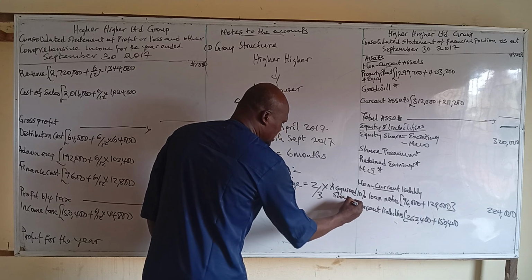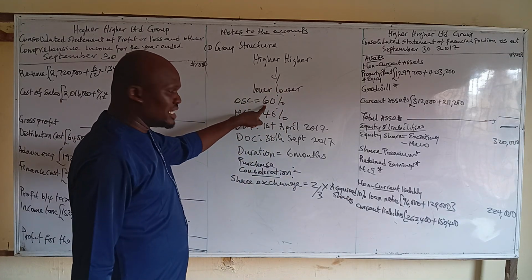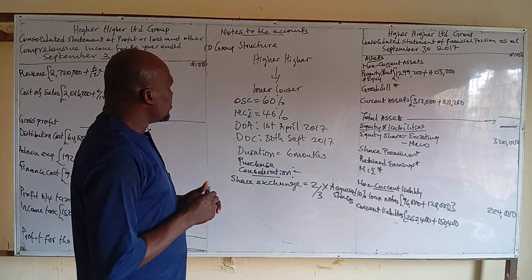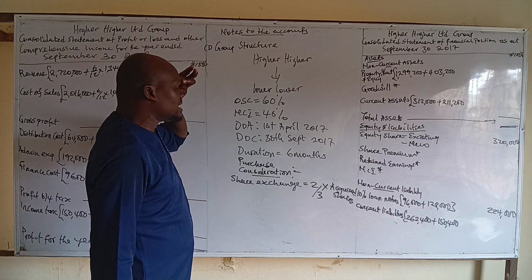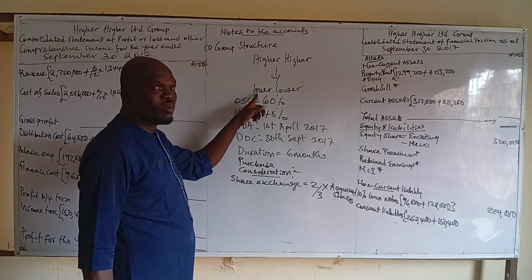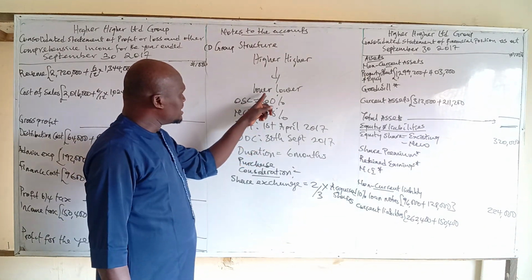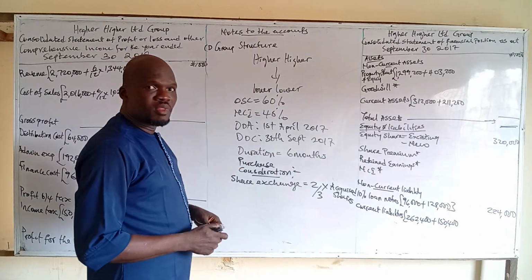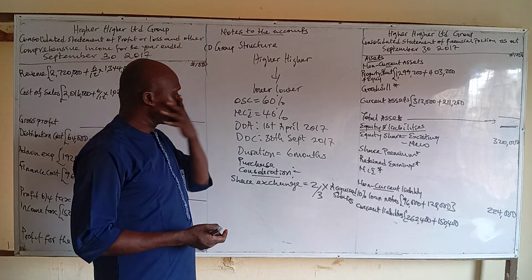Who is acquiring shares? IIA is acquiring 60% of the equity share capital of lower. So what is the entire share capital? What's the entire shares in lower? How do we know the number of shares taken by IIA?